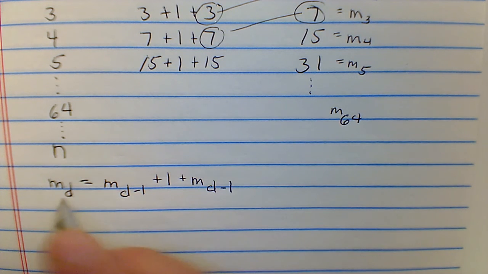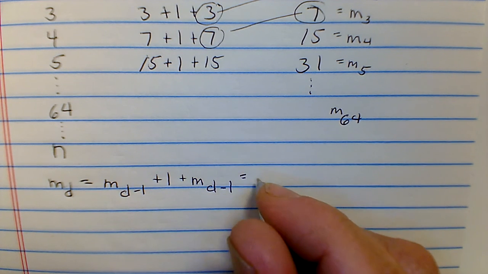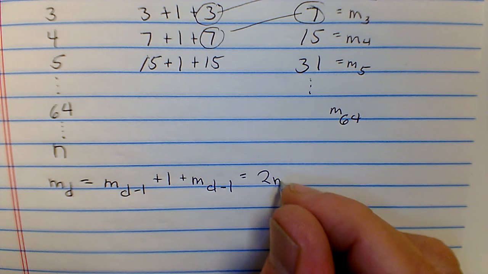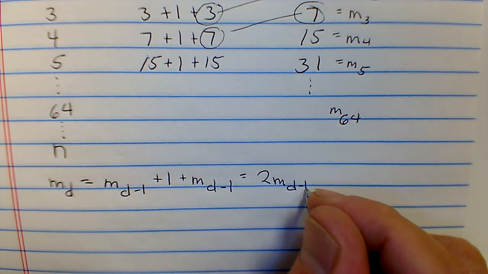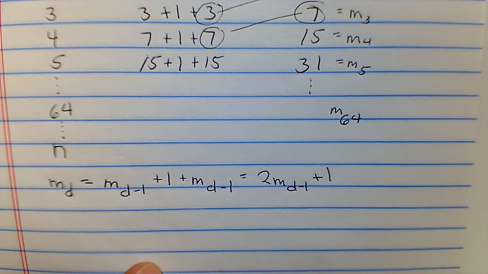So the number of moves based upon the number of discs is going to be 2 times the number of moves the one before plus 1. What we have here is a recursive formula.